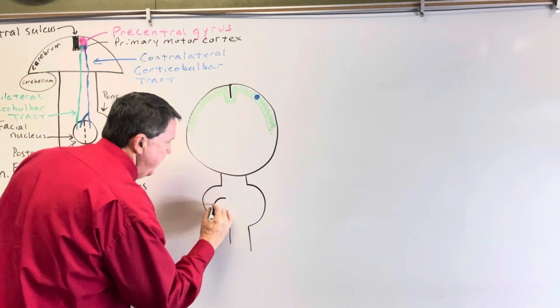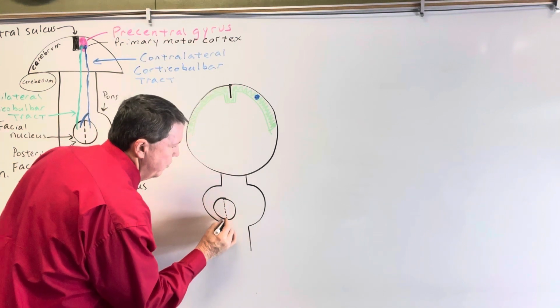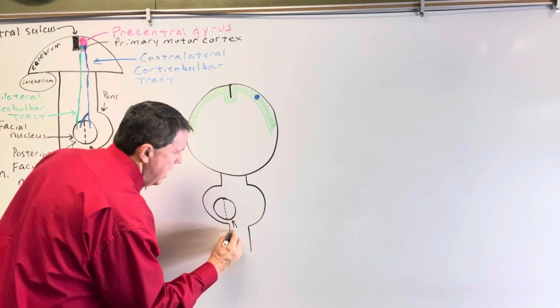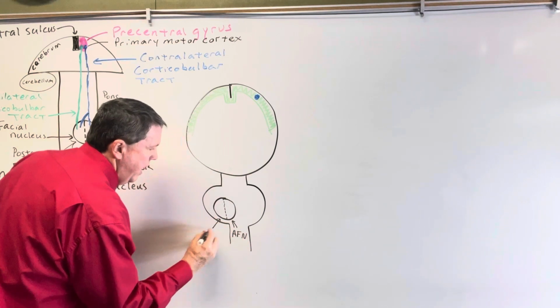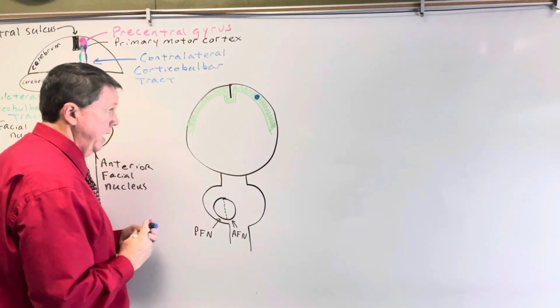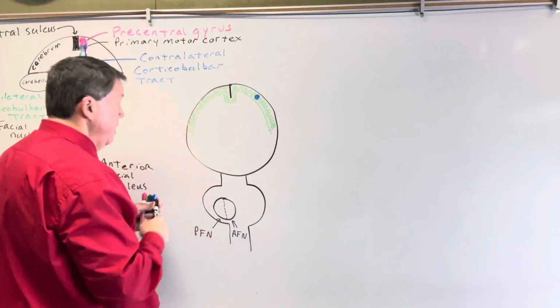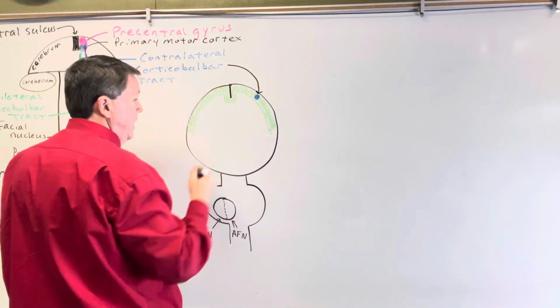And now I'm going to draw the facial nucleus, but I'm going to draw it as if we're still looking at it from the side. So I'm going to have my anterior facial nucleus and my posterior facial nucleus, okay? And there's my cortico-bulbar tract that's going to be starting from right here.